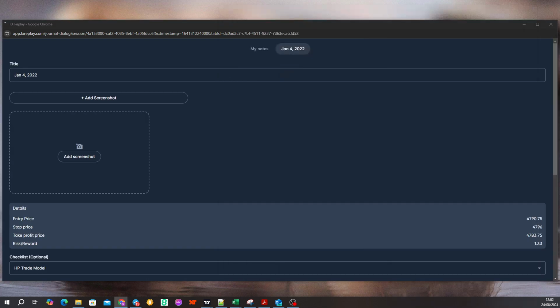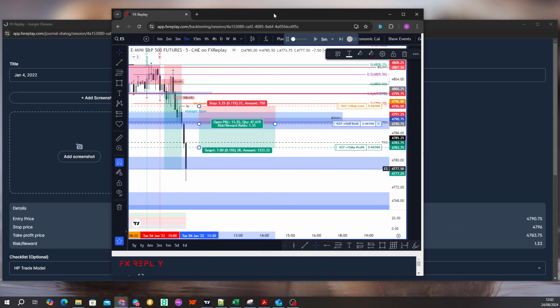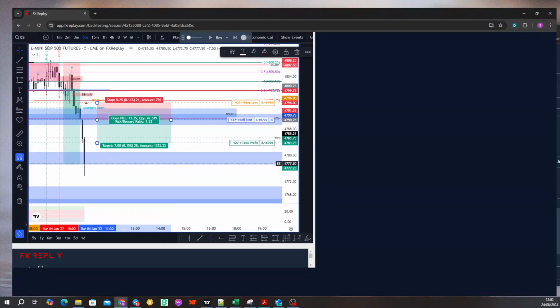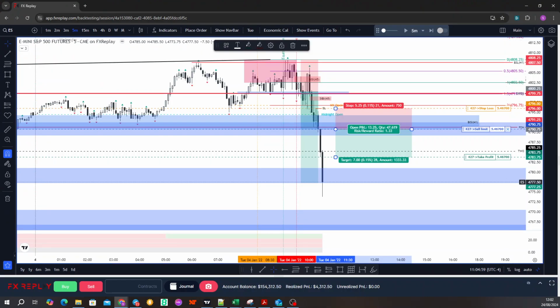Oopsie daisy. Oh dear. Okay, and we are going to add the screenshot. Right, and then we had the stacked TOs because we were above the true day open and true week open.